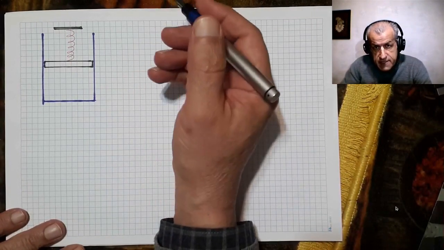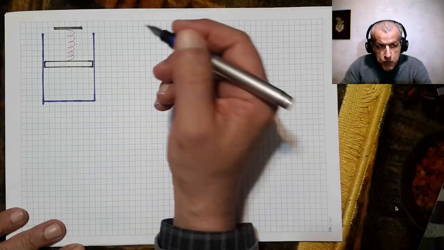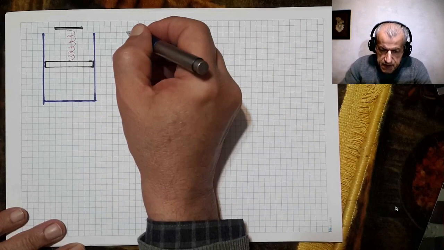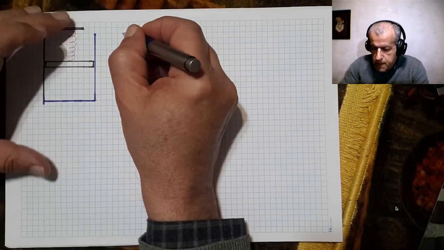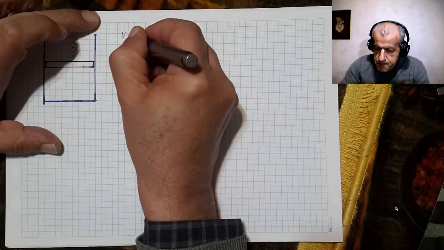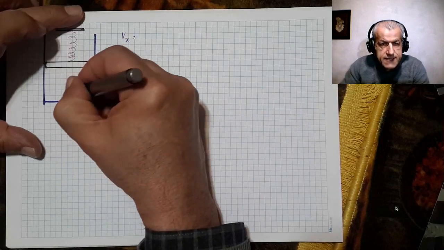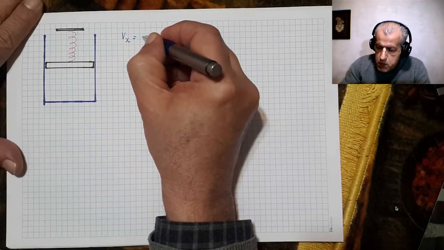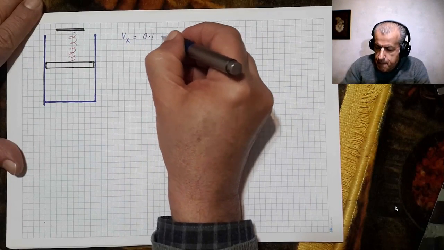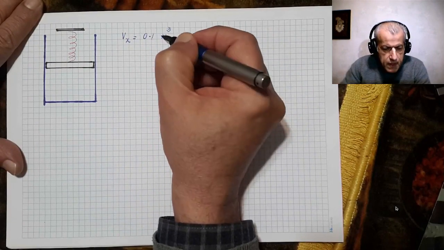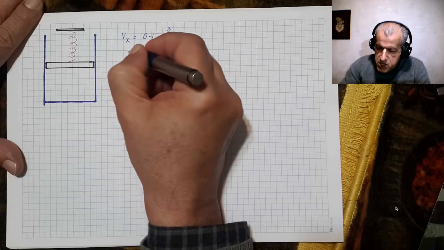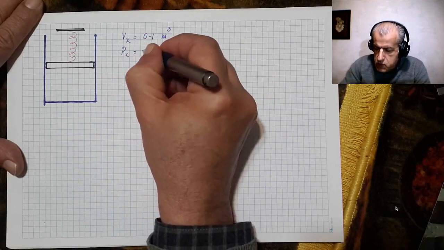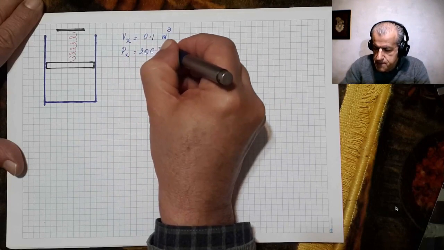In fact, its limits of movement are defined. It is said that if the volume Vx, the volume inside the cylinder, is 0.1 cubic meters, then the pressure Px is 200 kilopascal.